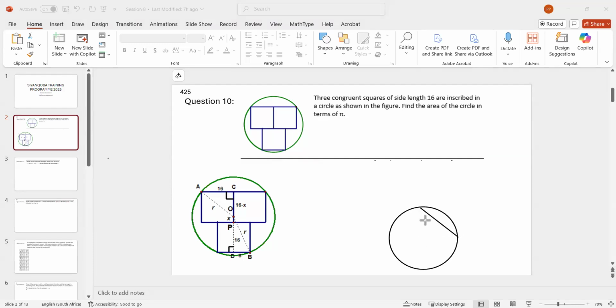And if this is the center of the circle, to the midpoint of the chord. So suppose this is the midpoint of the chord like that. Okay, let me just indicate that it's a midpoint.